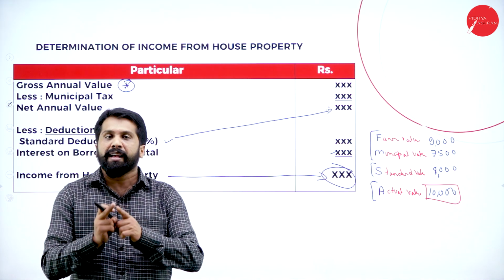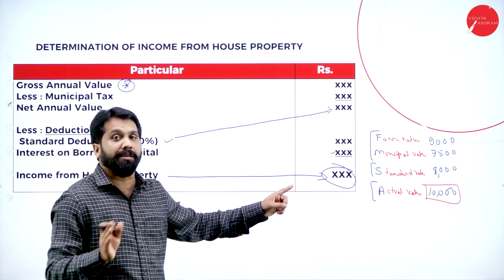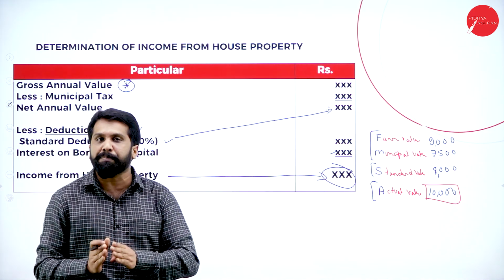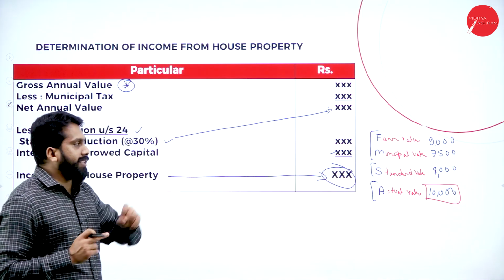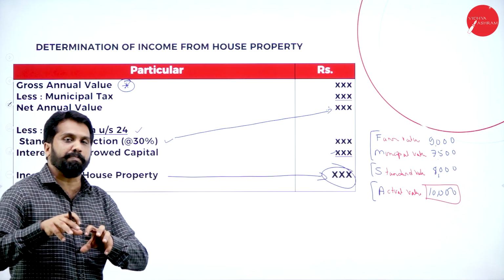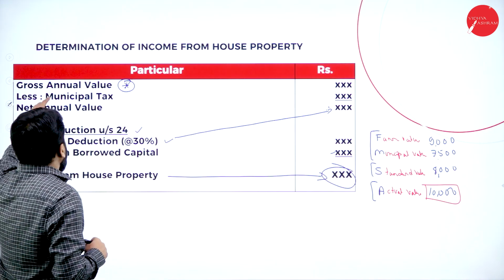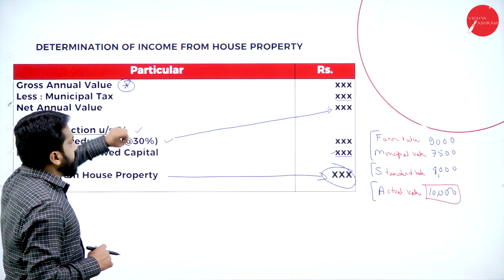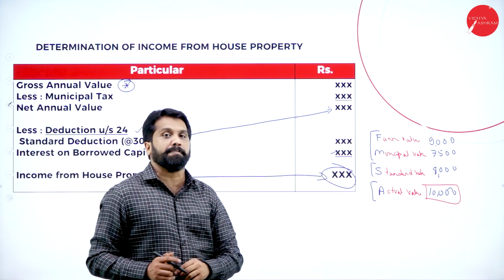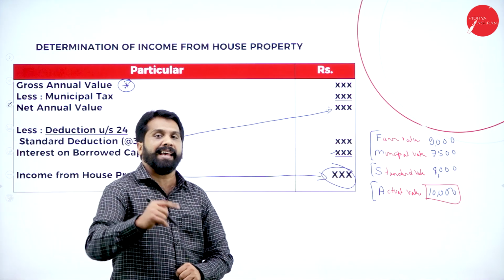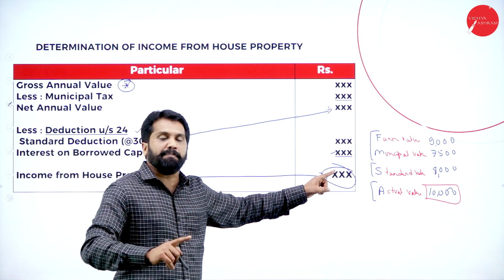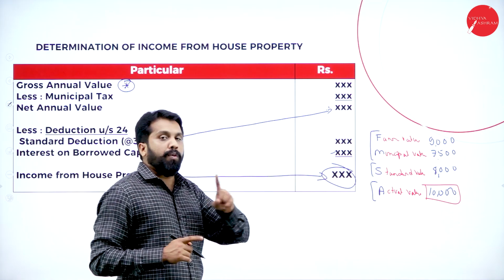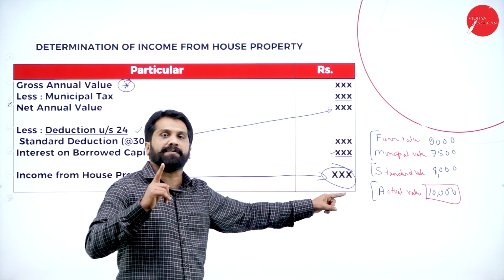Clear? Hope you got it. I am talking about just 1 month, not per annum. Just for example purposes, I am taking 1 month's rent. So these are the rents available in your question paper, but for your gross annual value, out of the 4, you are supposed to take any one. Again, I'll repeat, this is very important: in every problem you are supposed to select one out of these 4.